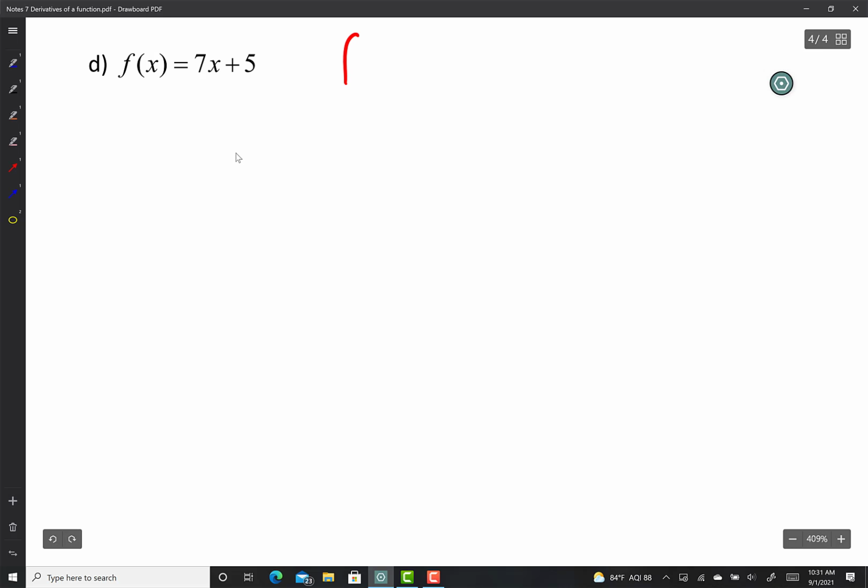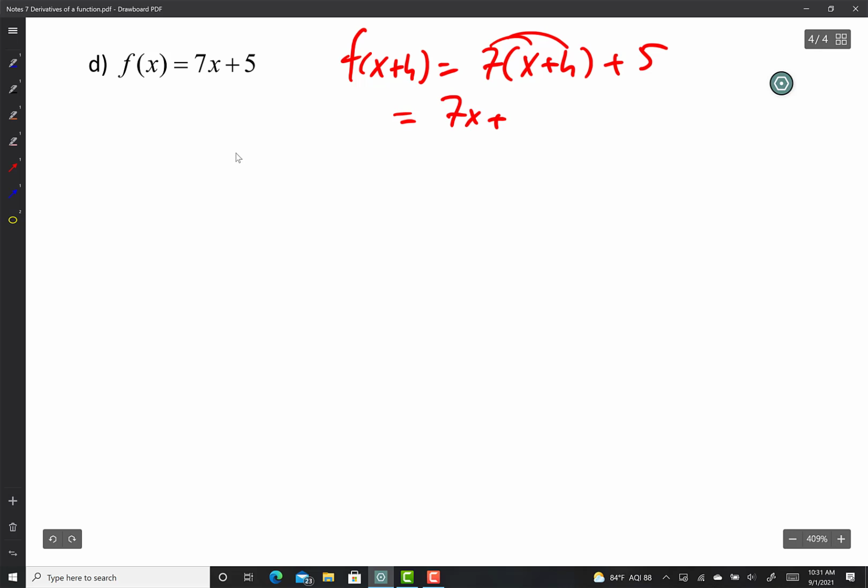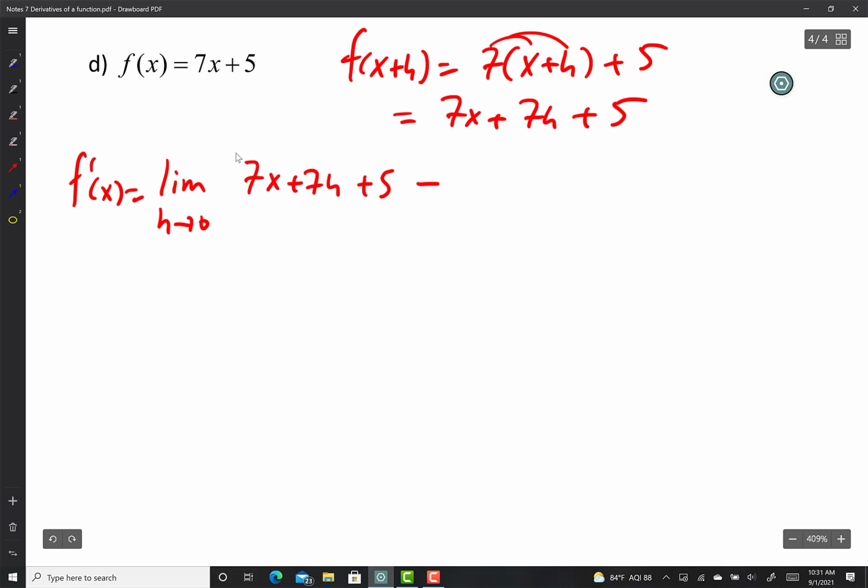So here we go. f of x plus h is 7 times the quantity x plus h, plus 5. Distribute the 7. So f of x plus h is 7x plus 7h plus 5. Nothing combines. So here we go. f prime of x is equal to the limit as h approaches 0 of 7x plus 7h plus 5 minus the quantity 7x plus 5, all over h.